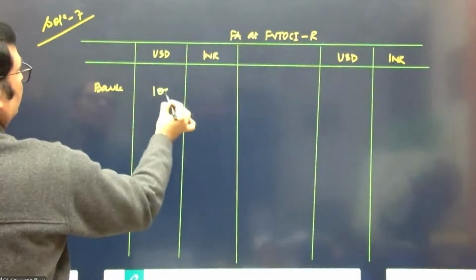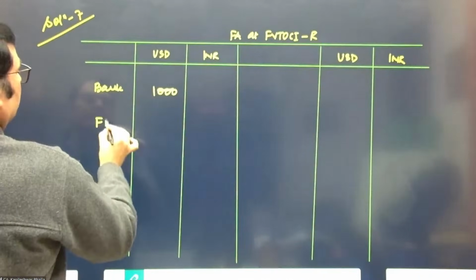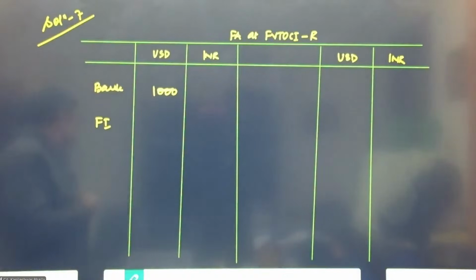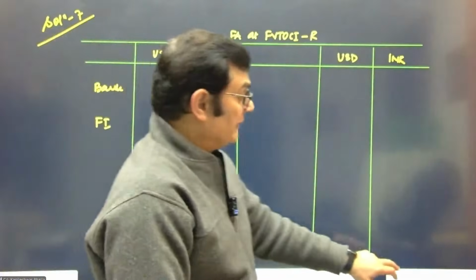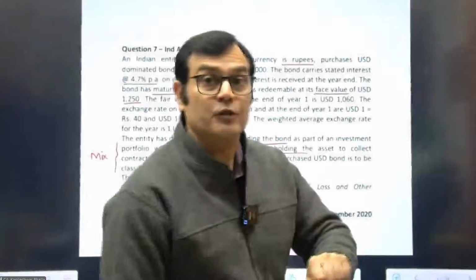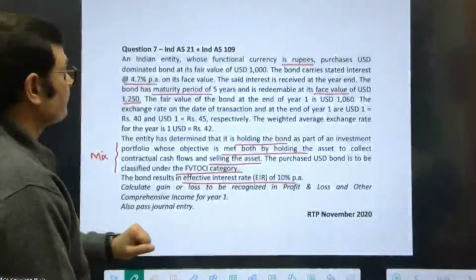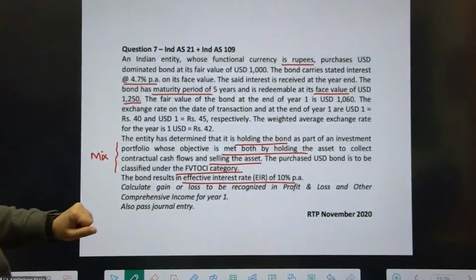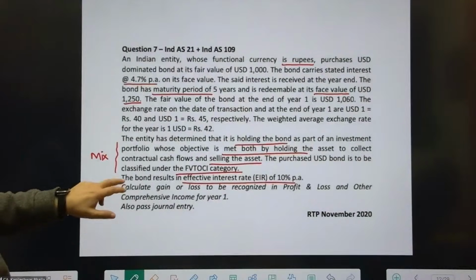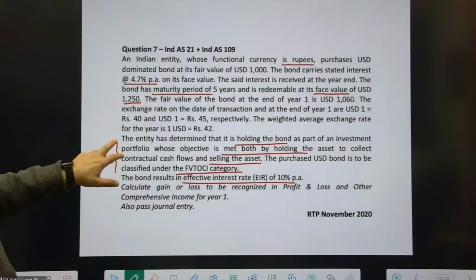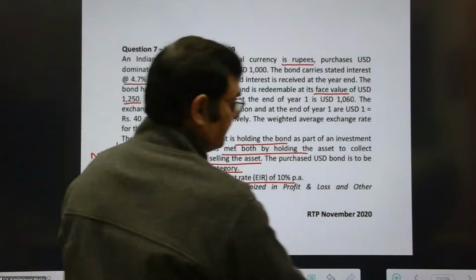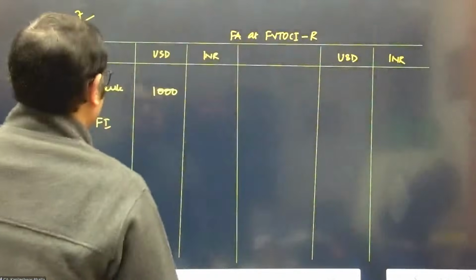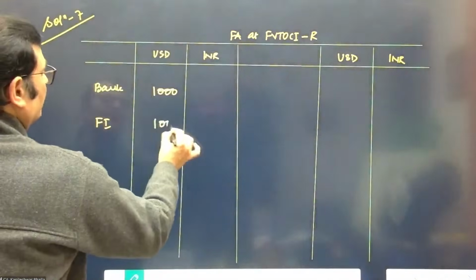This is 1,000. And the finance income will be taken at 4.7, or will it be taken at the effective interest rate? Effective interest rate. That's absolutely correct. So we know the effective interest rate in this particular case is given. It is at the rate of 10%. That's right. So 10% would mean 100.